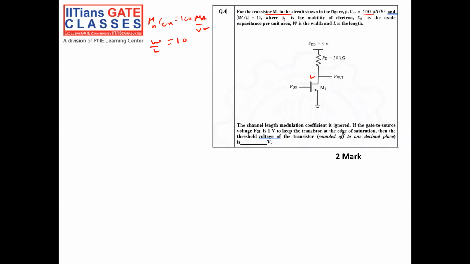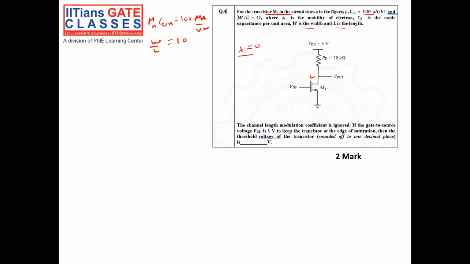Mu n is the mobility of the electron and COX is the oxide capacitance per unit area. W is the width, L is the length. You already know this. Now the channel length modulation coefficient is ignored, that means lambda is 0.